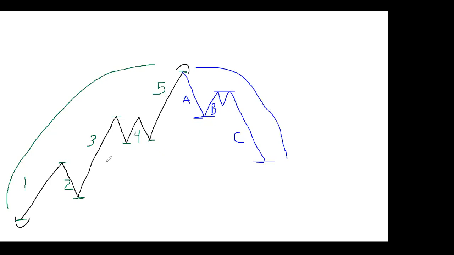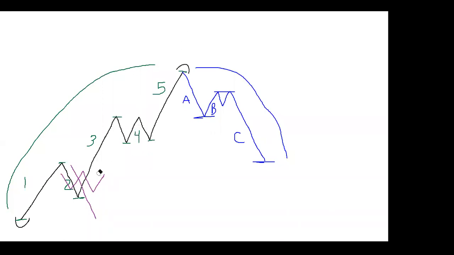What the guideline of alternation says is if wave 2 has the steep retracement, then wave 4 is going to be sideways, like this, like a zigzag, some kind of consolidation or compression in the market. On the flip side of that, if wave 2 moves sideways, then wave 4 should be the deeper one. And that's the guideline of alternation.